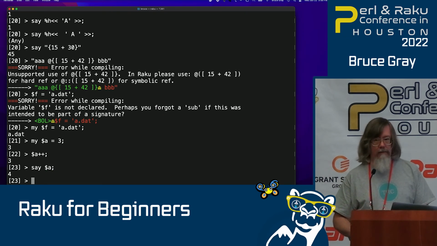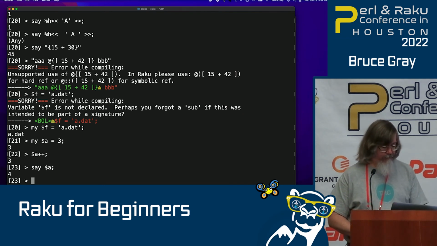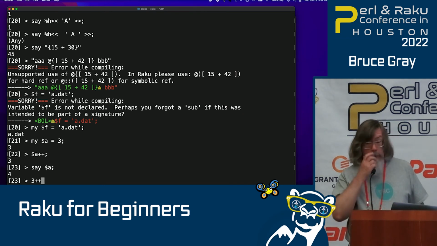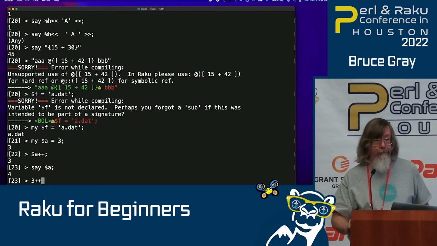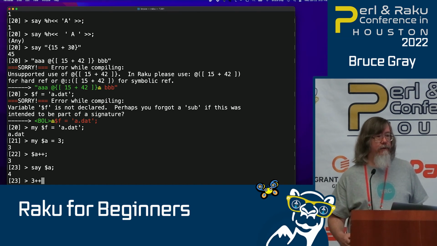Whatever it had in it, that was a sensible thing to do, to say add 1 to whatever value is in A. That's sensible. What does that mean for 3++? It means change the value of 3 to the value of 4 in the entire universe.